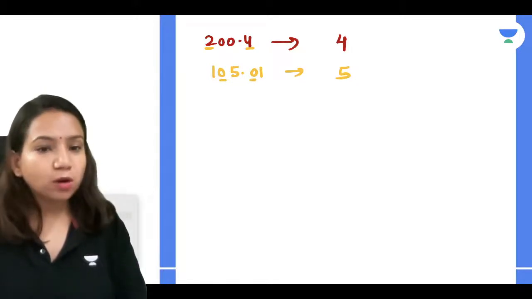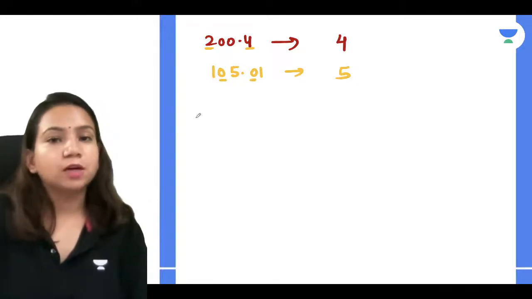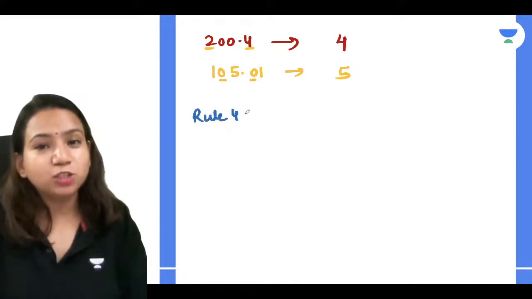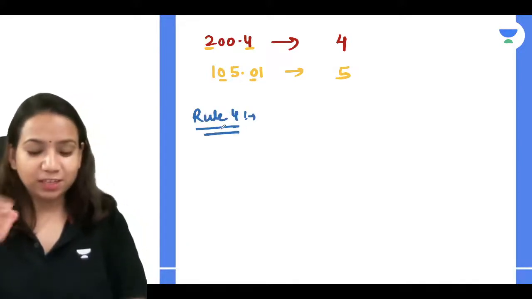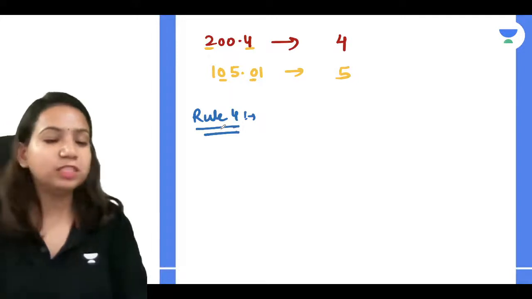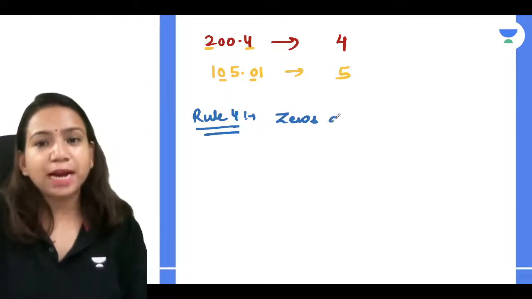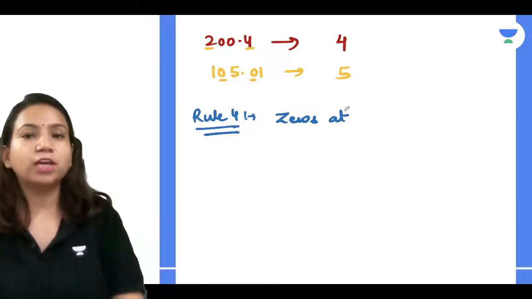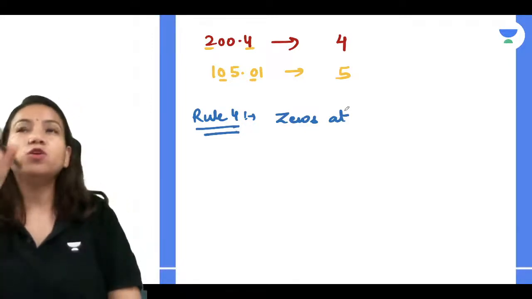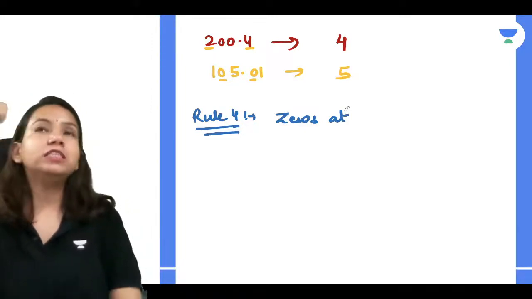Now let's talk about the next rule, which is important and a little bit tricky, because many of the students feel a little difficulty in this rule, but we'll be simplifying it. First I'm writing the rule before explaining the example, because if the rule is in front of you, it will be easy for you to answer.